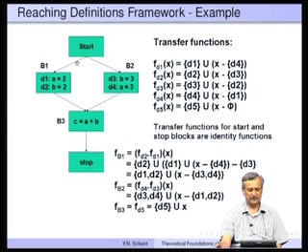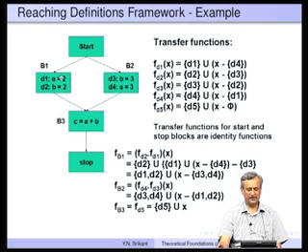Similarly, f of d2 is D2 union x minus D3, since D3 is a definition of B. F of d3 is D3 union x minus D2, D2 being a definition of B, and similarly for D4, D4 union x minus D1, because D1 is a definition of A. Interestingly, for D5, we have f of d5 equal to D5 of course union x minus D5, because there is no definition of C elsewhere in the control flow graph. The transfer functions for start and stop blocks are just identity, they do not do anything.